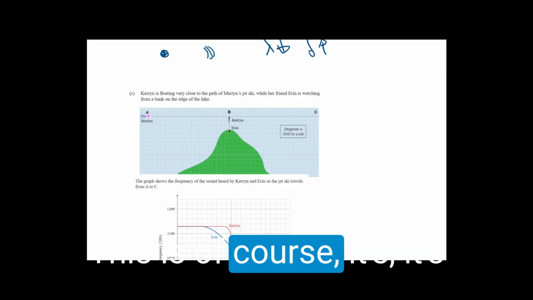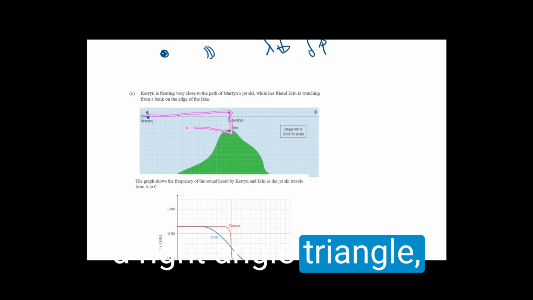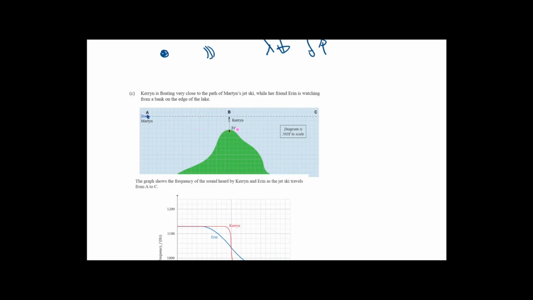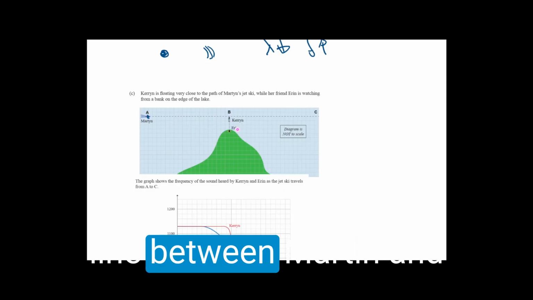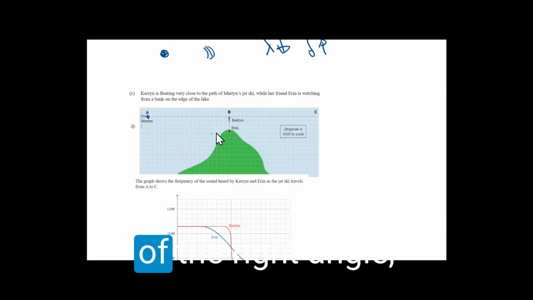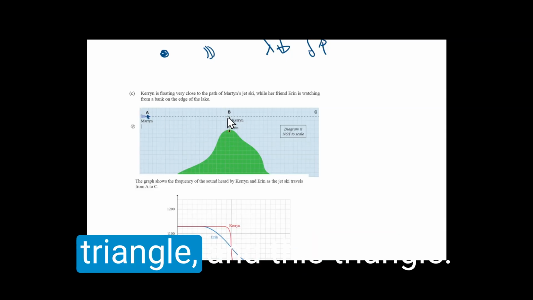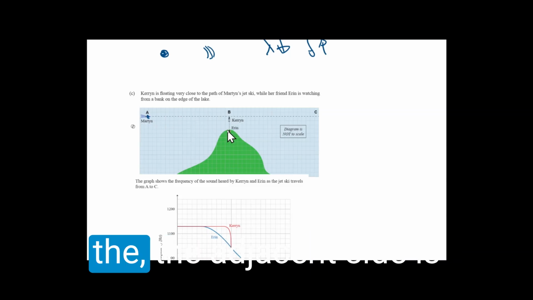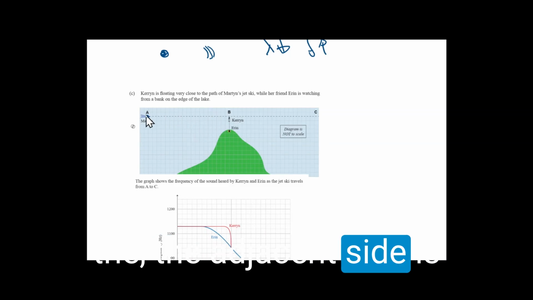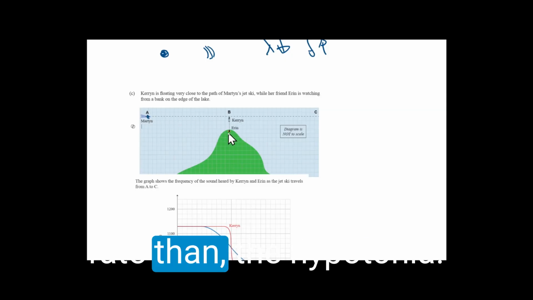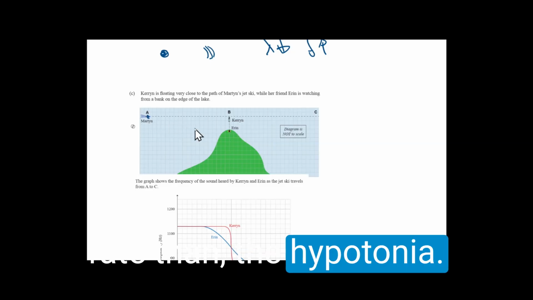This is, of course, a right angle triangle. And you can think, well, that's a terrible triangle, even by my standards. And you can think of the line between Martin and Erin as the hypotenuse of the right angle triangle. So the adjacent side is going to decrease at a slower rate than the hypotenuse.